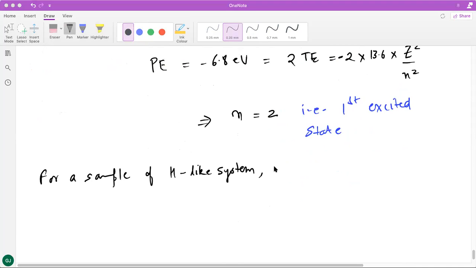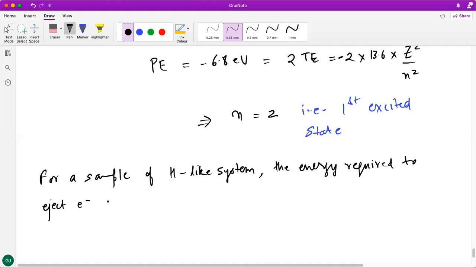Single electron system. The energy required to eject an electron out of the atom from second excited state is 13.6 eV.